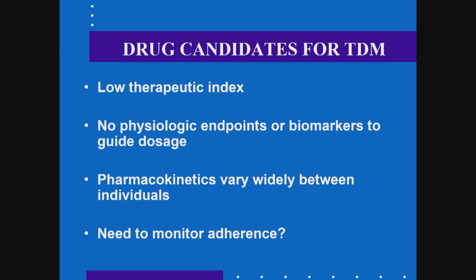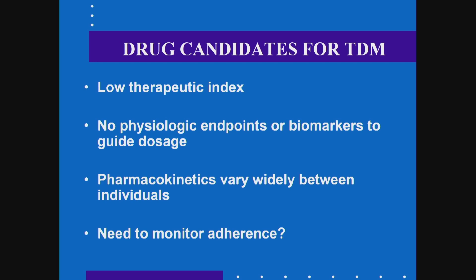You may also be dealing with a clinical situation where you don't have, if you will, physiologic endpoints that you can observe on an ongoing basis or biomarkers to guide the dosage. You may be dealing with patients with a seizure disorder, epilepsy, where the seizures are infrequent and, of course, undesirable.